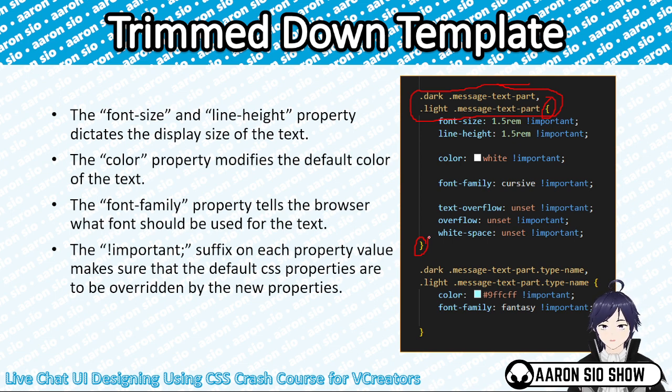But this also cascades down to the name. That's why we will only be changing the type name. This is the type name. This is the CSS for the name of the sender of the live chat.